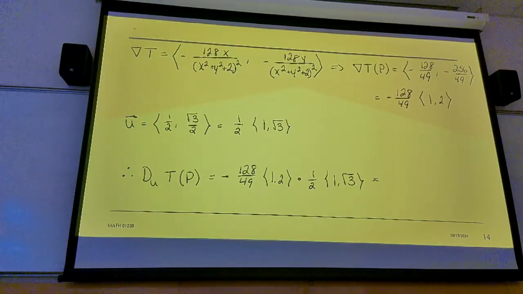Negative 64 over 49 times 1 plus 2 root 3. Times what? 1 plus 2 root 3. Someone second that?